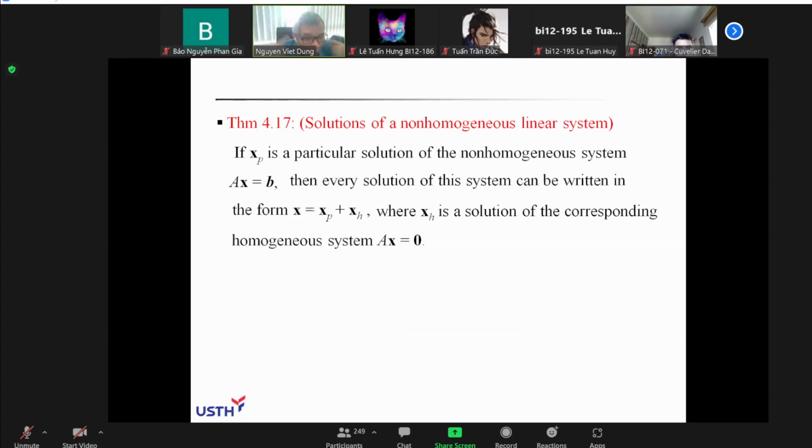Then any other solution of Ax = b must be of the form xp plus xh. So we need only to guess one particular solution xp, and then we know all other solutions.